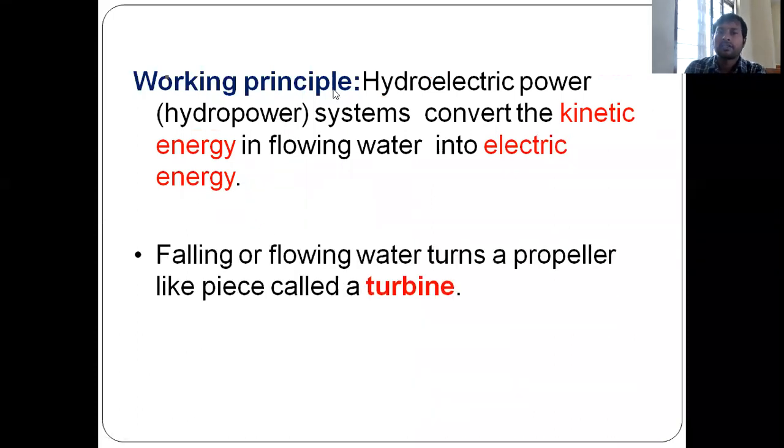Next, the falling or flowing of the water turns a propeller-like piece, which is called a turbine.